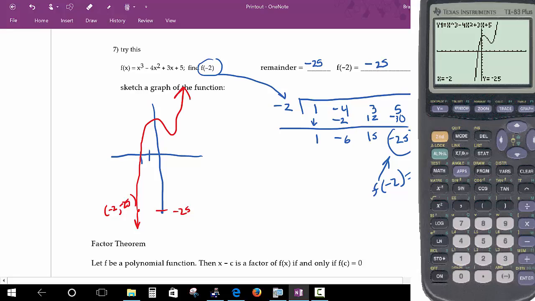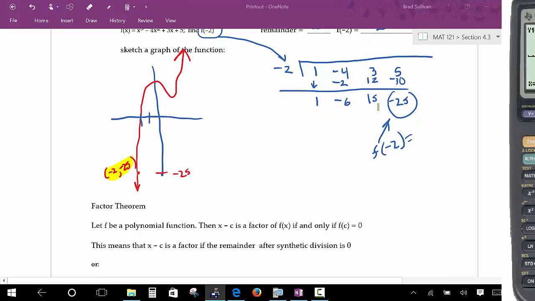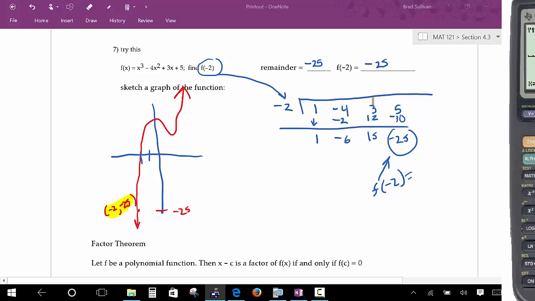That's a very rough graph. But the important thing is that you understand that. So that's what we mean by the remainder theorem. Any questions about that? So if you're evaluating a function, don't plug it into the function, just do synthetic division. That's what we mean. All right, now we're going to look at what we call the factor theorem.